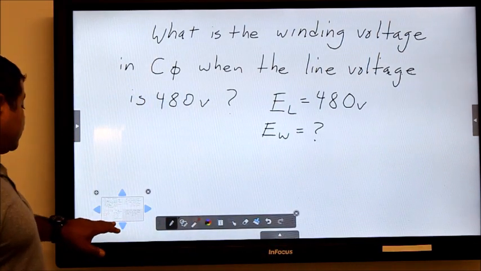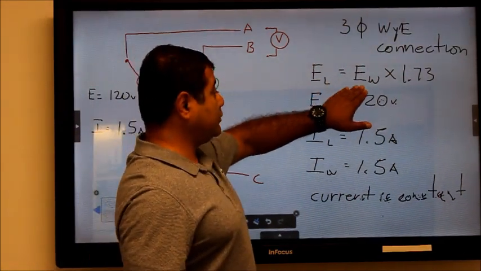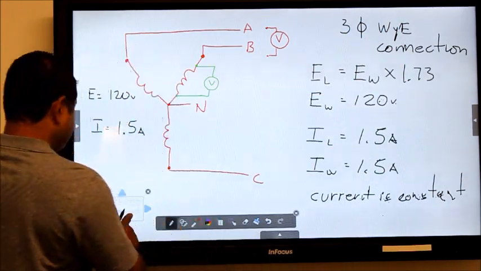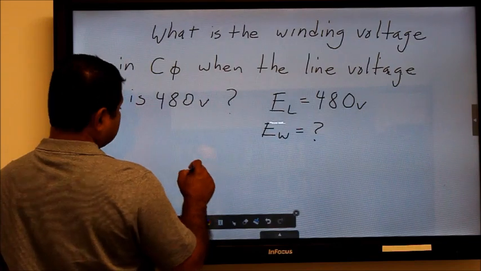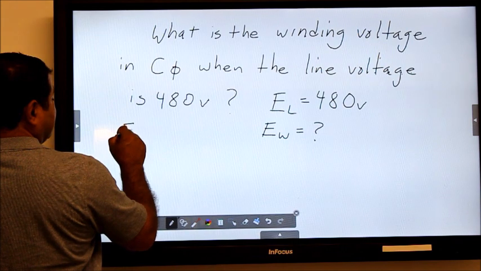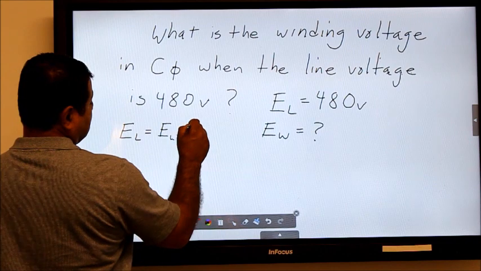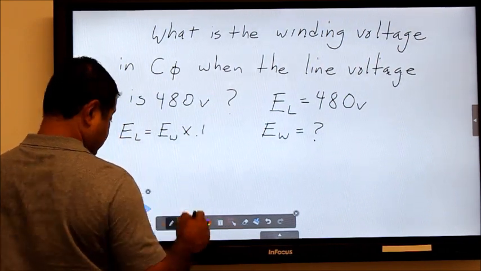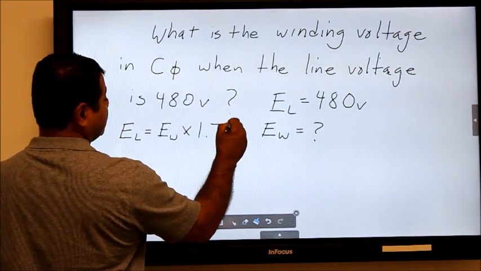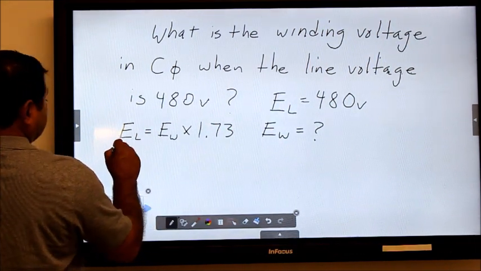So let's go back to the formula for the voltage. We know that the line voltage is equal to the winding voltage times 1.73. So I'm going to use this equation. I know that the line voltage is equal to the winding voltage times 1.73. So now I just need to substitute values. 480 is my line voltage.